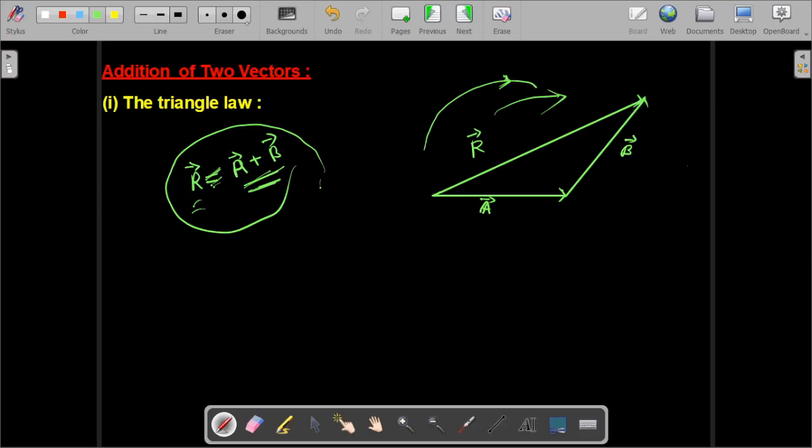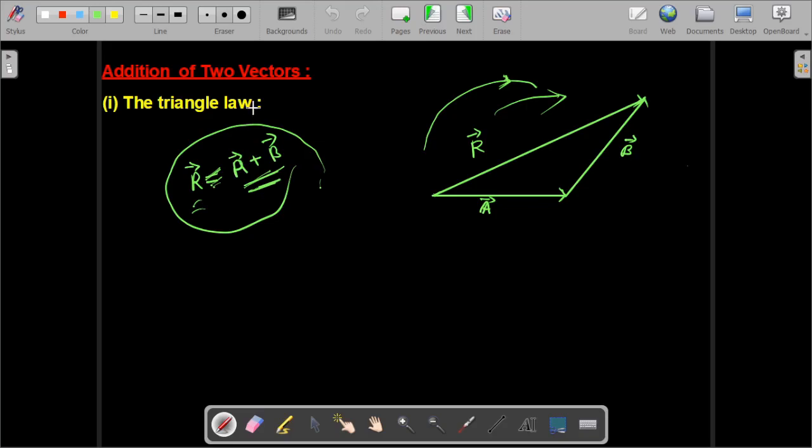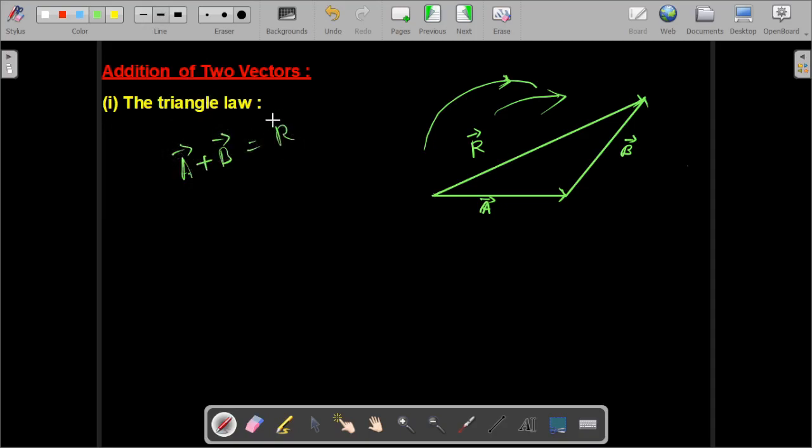Okay. So this way is the triangle law. Now look at this: in this triangle law, the resultant vector is denoted in vector sign. Okay.